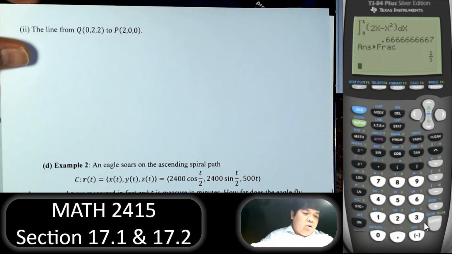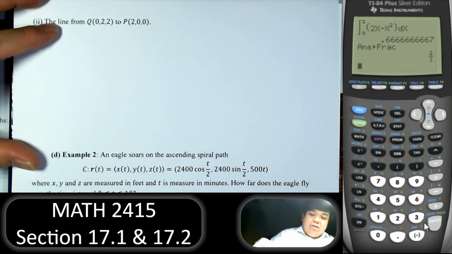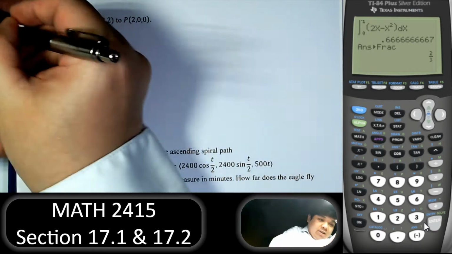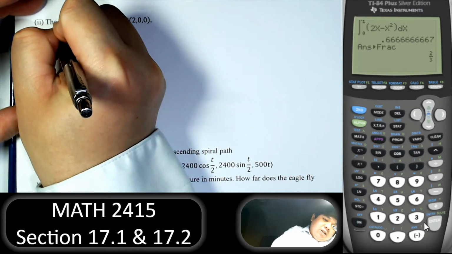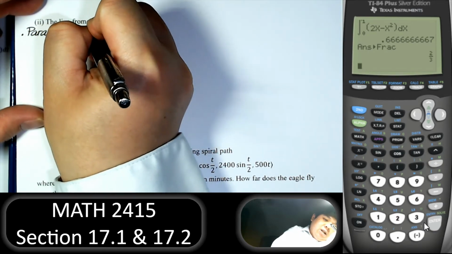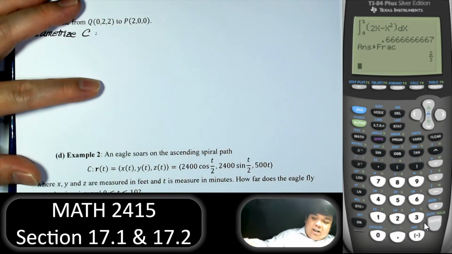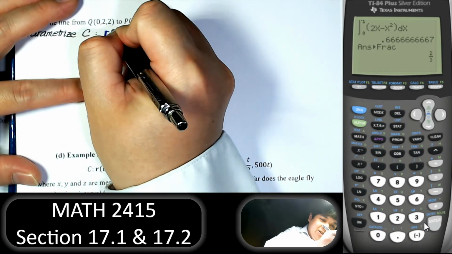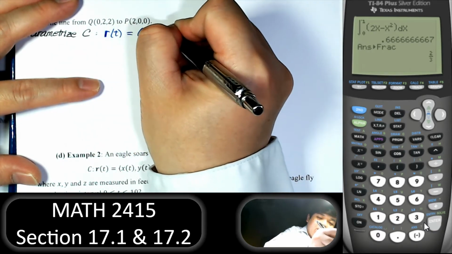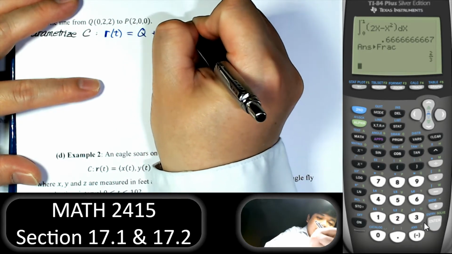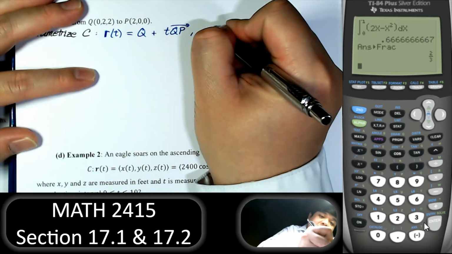Next, parameterize the line from Q to P. Right, so first we parameterize the curve C. The form for that is, from Q to P, we go from Q plus t times the vector connecting them, and when we write it like that, t is between 0 and 1.